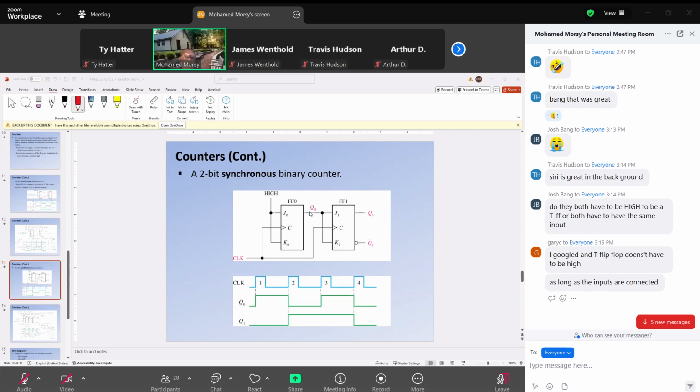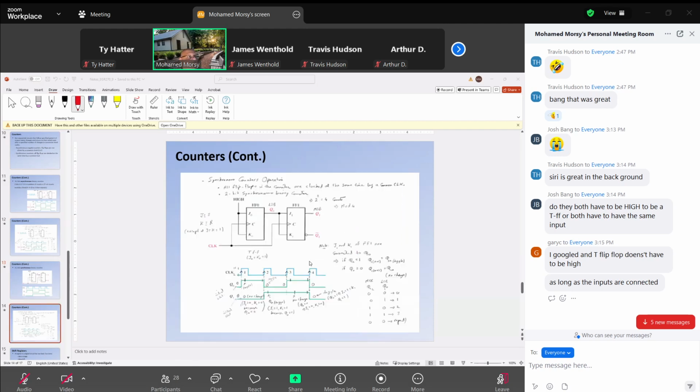If Q0 is 0, then J1 is 0 and K1 is 0, like S is 0 and R is 0, so there is no change at the output. So we have to be careful based on the connection we have.